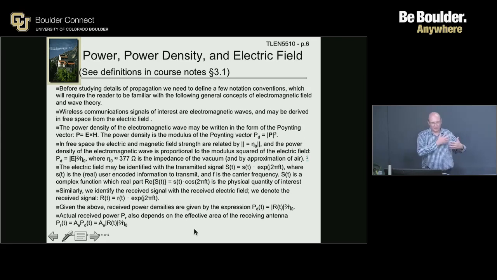In other words, we're transmitting something, a signal, S of t, which is a little s of t, look at that one as a symbol transmitted every fraction of a second, times the complex exponential e^(j2πft), where f is the frequency of the carrier, t is in time. The signal really is the real part of that, but it's easier to represent it in complex form. And then the real part is s cosine 2πft.